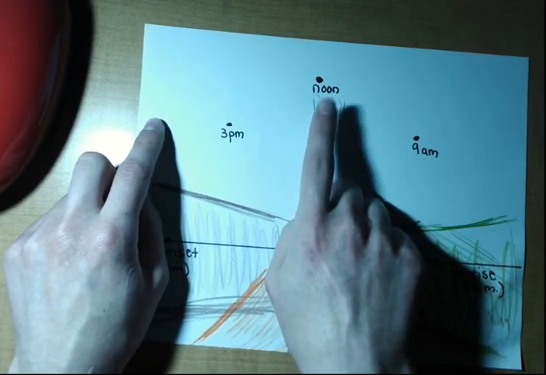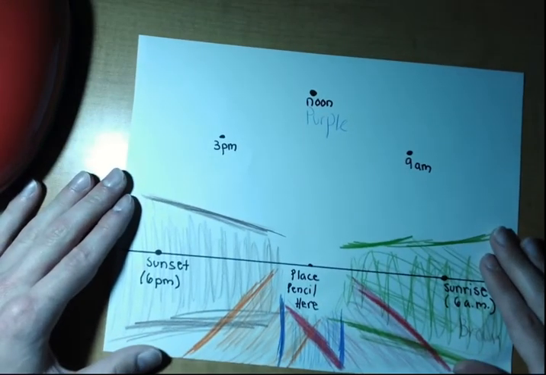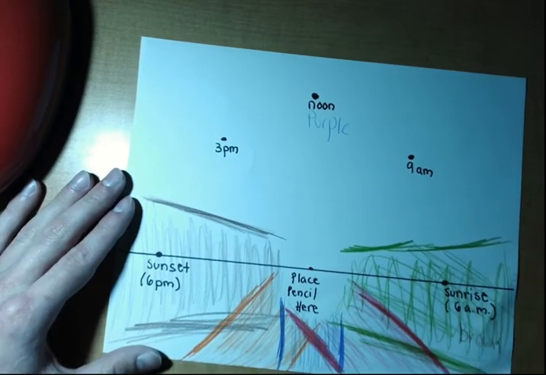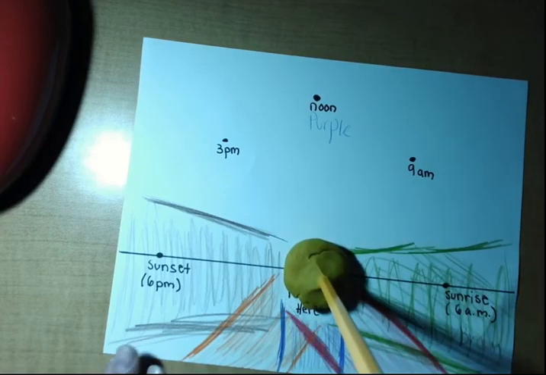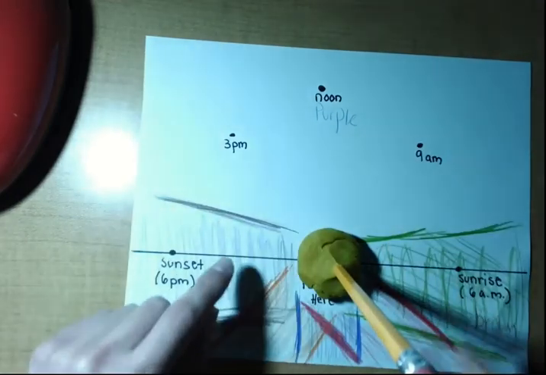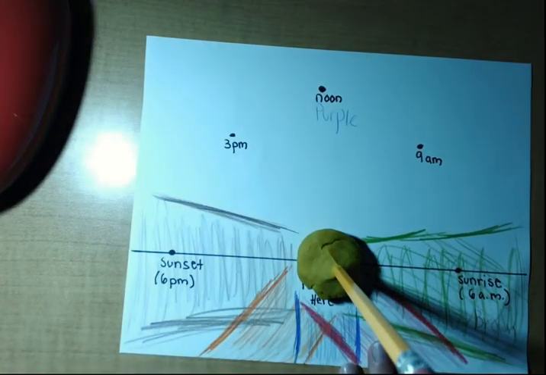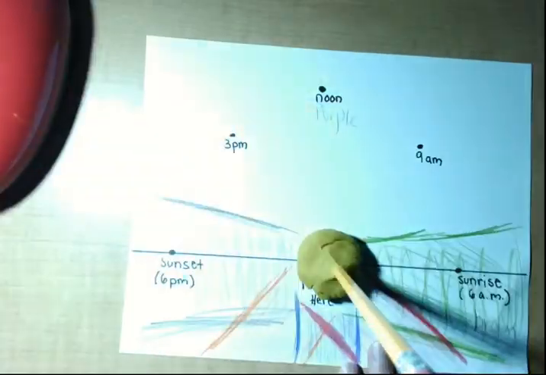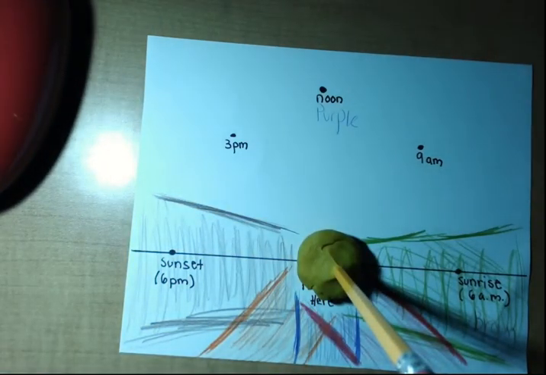Now, one thing I want to say, when we do these experiments, is that sometimes these experiments are good illustrations, but don't always give us the exact thing. One thing I want to point out is that if our light source is exactly above our object, it will create no shadow.